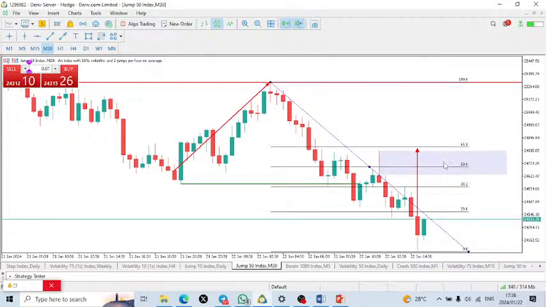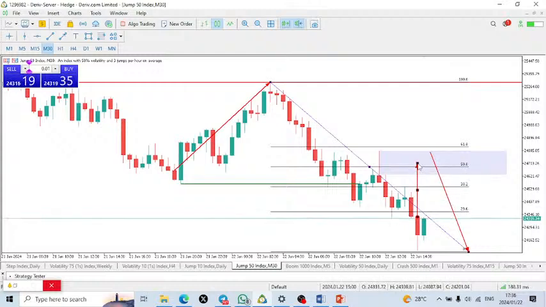So we want price to come to this particular level, and then we'll be looking for a selling opportunity, and we can sell from this level here. So this will be the ideal setup.